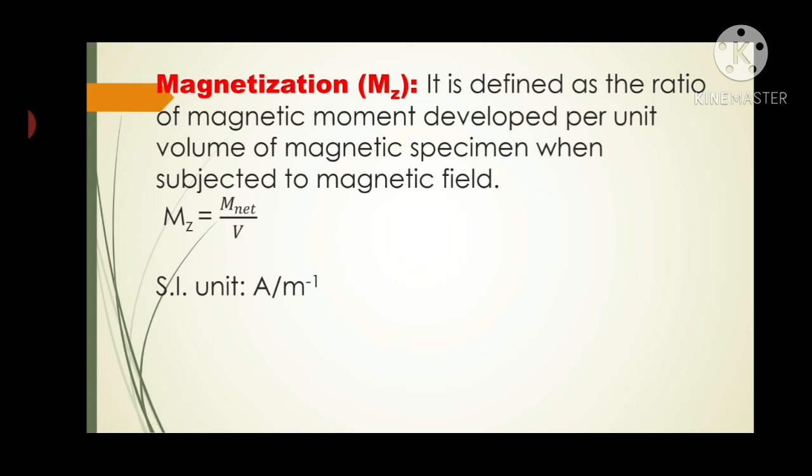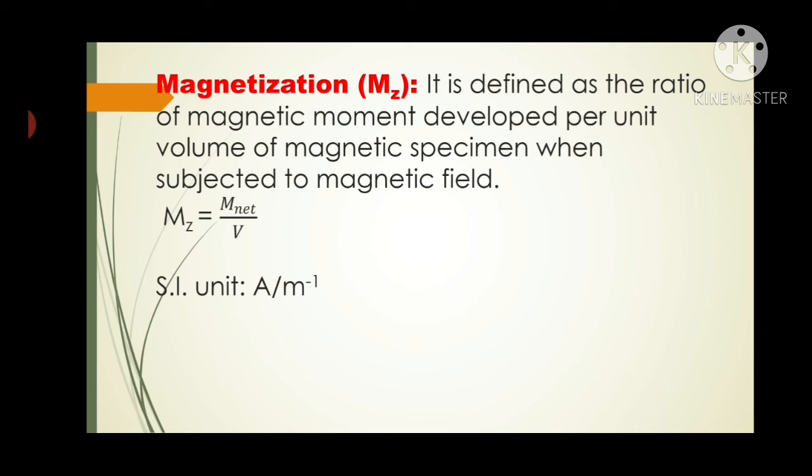Magnetization. Magnetization is defined as the ratio of magnetic moment, or magnetic dipole moment. It is the net magnetic dipole moment developed per unit volume of the magnetic specimen. Specimen means a magnetic substance when subjected to an external magnetic field.